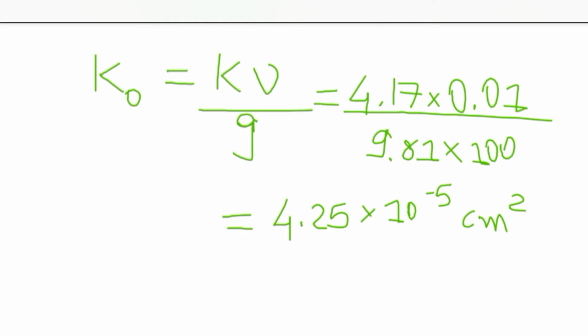Let's convert this from centimeter square to Darcy. So we know that 9.87 into 10 raised to minus 9 centimeter square is equal to 1 Darcy.